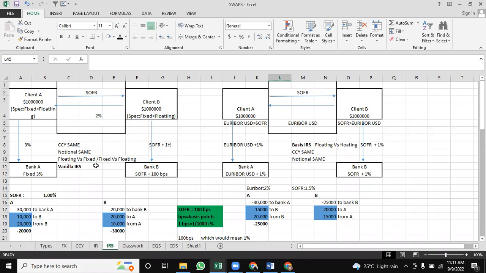Guys, a little bit of logic, come on. 2% is fixed again, no. Remember, I just said he's not going to receive fixed. He will pay a fixed, but he won't receive a fixed. He borrowed at SOFR plus 2%.